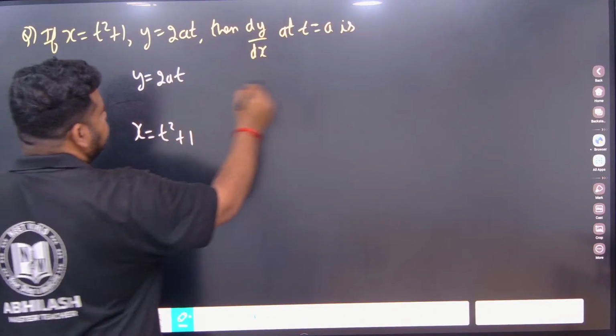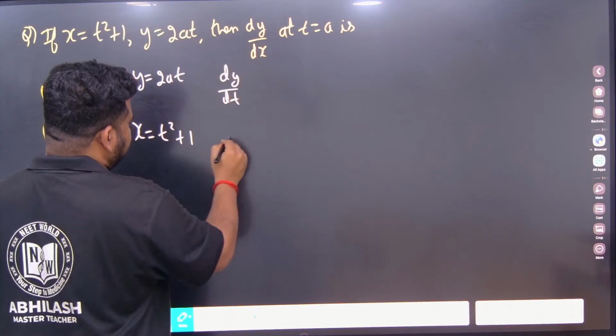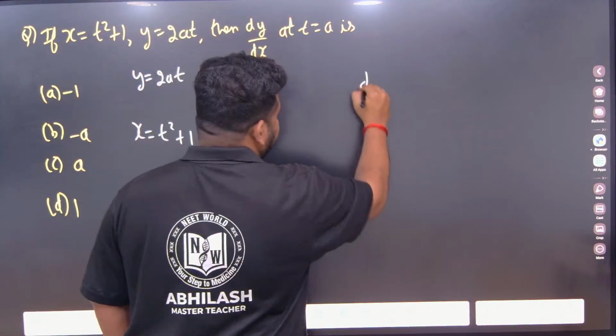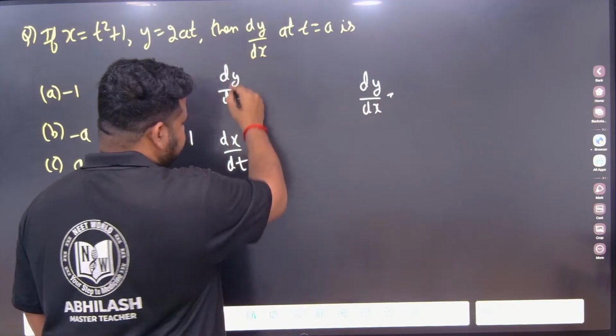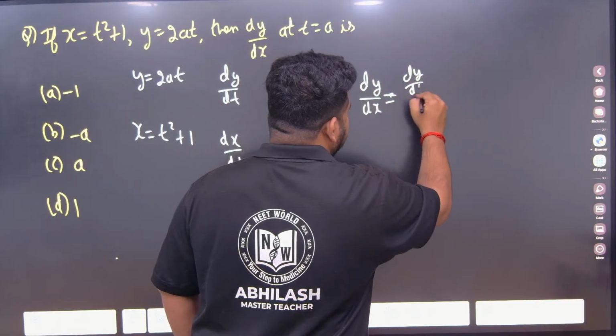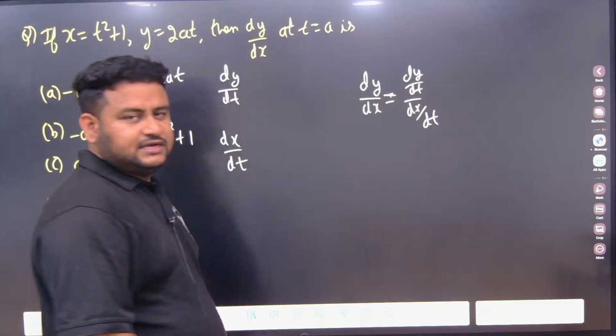For dy by dx, first I should find dy by dt, then dx by dt, and then I can find dy by dx. dy by dx is equal to dy by dt divided by dx by dt.